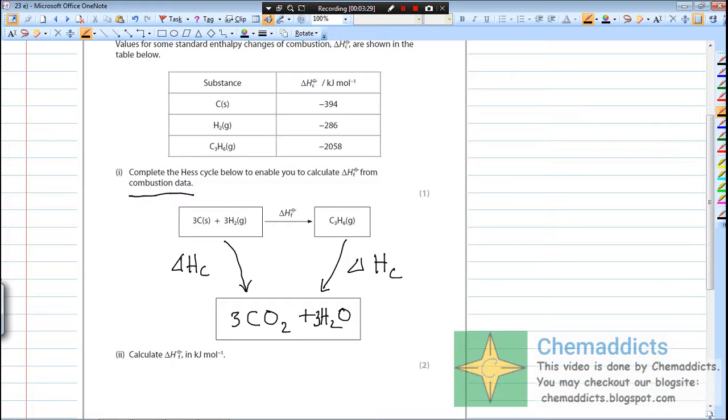Don't worry about oxygen, it will get cancelled out. We just wrote the balanced equation for this reaction. Let me write this clearly. I know my handwriting is really bad.